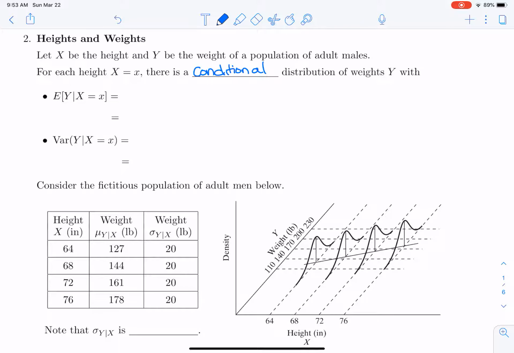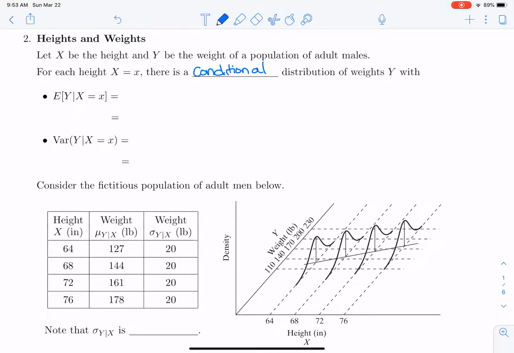Then if you look at males that are, say, 68 inches tall, you again don't expect them all to weigh the same. You expect there to be some sort of normal distribution where there's a mean for every adult male that's 68 inches tall, and then there's some sort of standard deviation of weights. Some people weigh less, some people weigh more.